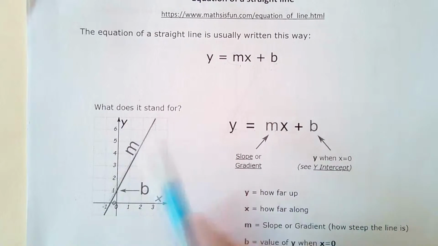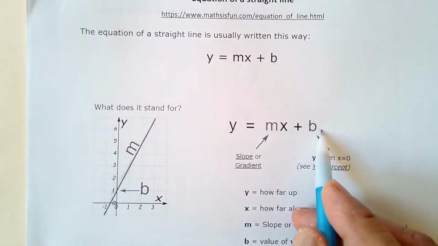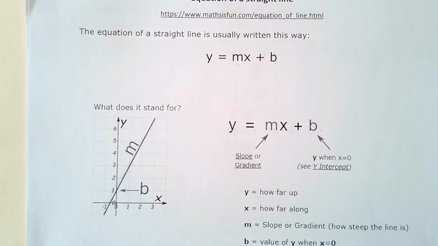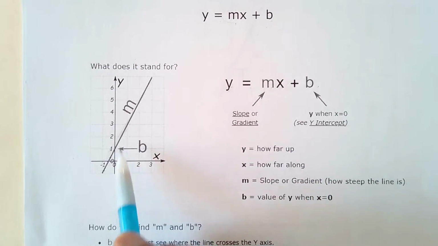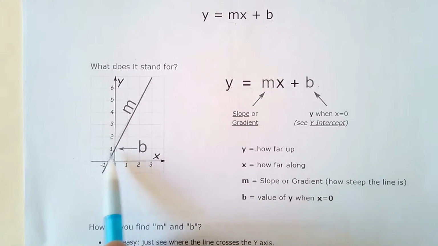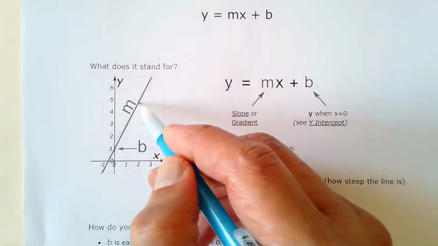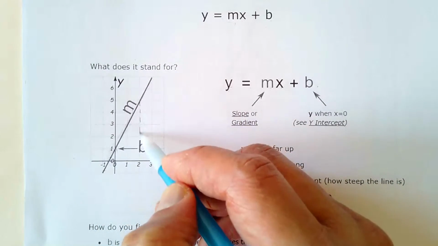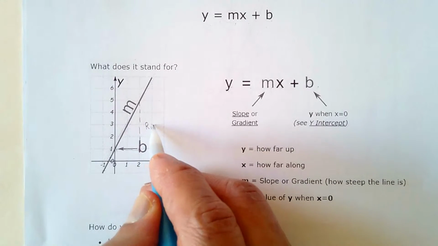So where x is 0, where the line crosses the y-axis, refers to the y-intercept. So y is how far up or down. Look at this equation here. The slope is defined as rise over run.